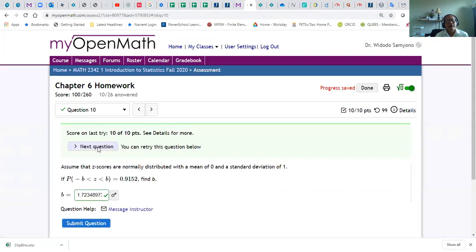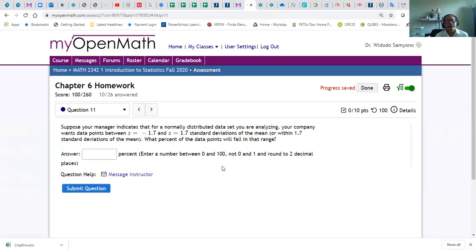Okay, so next. For this one, the question is what percent of data points will fall in that range? Yeah, so the same thing. So you need to subtract the area on the left of this from the area on the left of this, right? And then multiply by 100%.